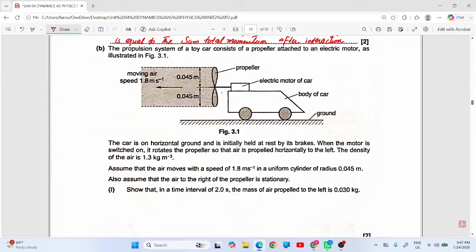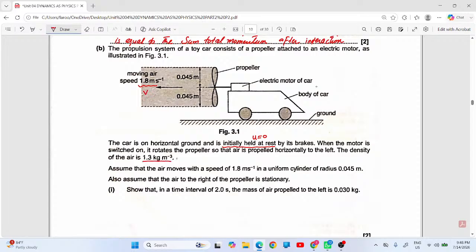So we have an electric motor car, and what is the propeller doing? The moving air forms a cylinder, and this is its diameter. Next, the car is on horizontal ground and held at rest. Initial speed is zero. When the motor is switched on, it rotates the propeller.